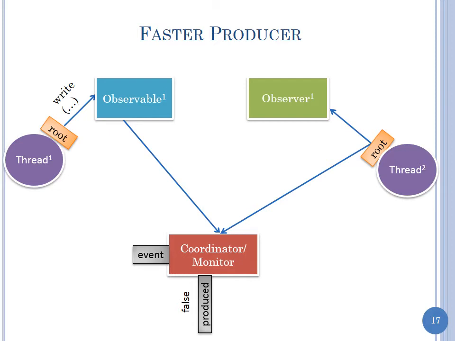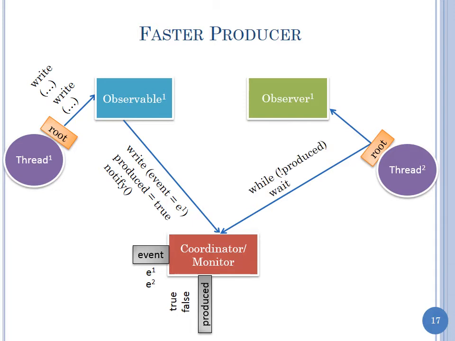So thread 1 does a write, and so this is the problem first. It goes and writes E1 and sets produced to true. It does a notify, and it does another write, and E2 will replace E1, and the consumer will then get E2 and it will have missed E1.